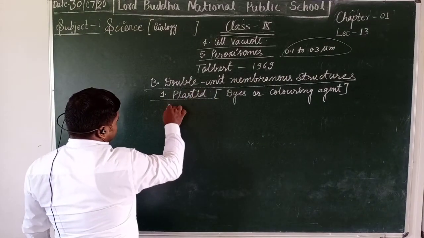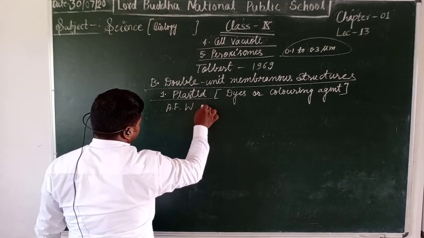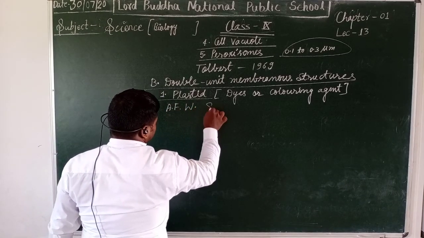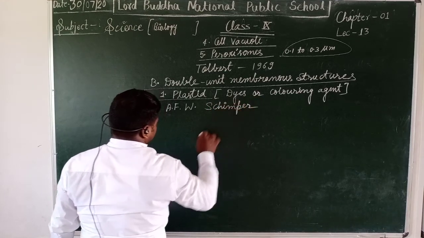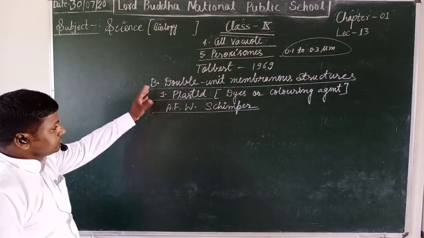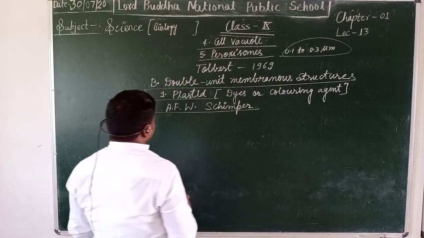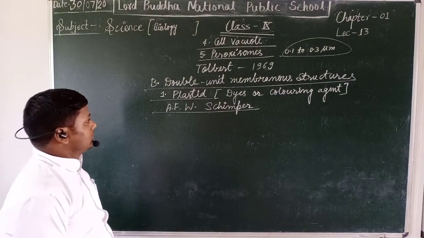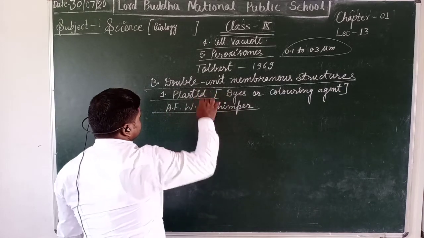Plastids were first discovered by A.F.W. Schimper, and he also explained the importance of these peculiar cell organelles.